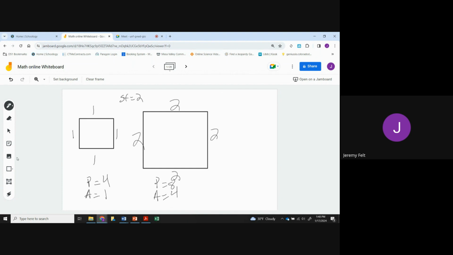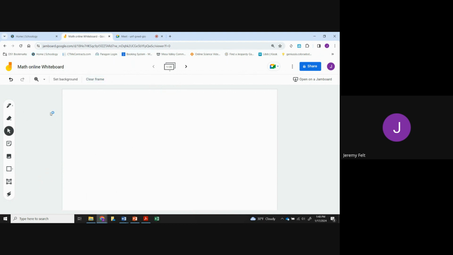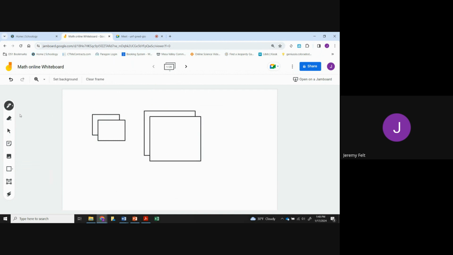And then if we were to look at that as a cube, I know these distances, just for time's sake, I'm not going to redraw all of them, but this is a 1 by 1 by 1 cube, and this is a 2 by 2 by 2 cube.